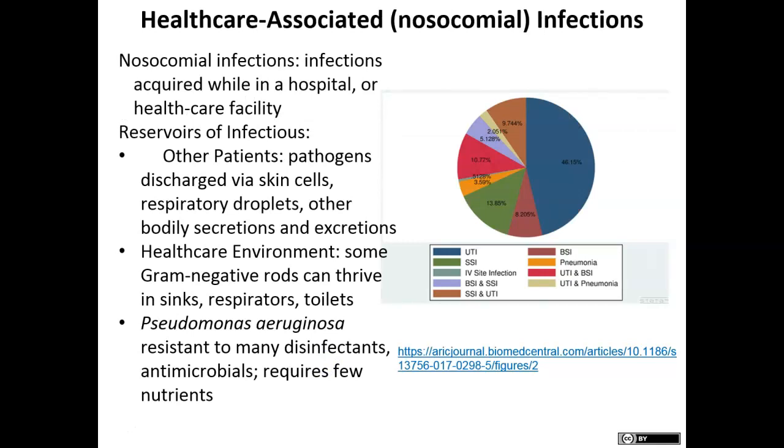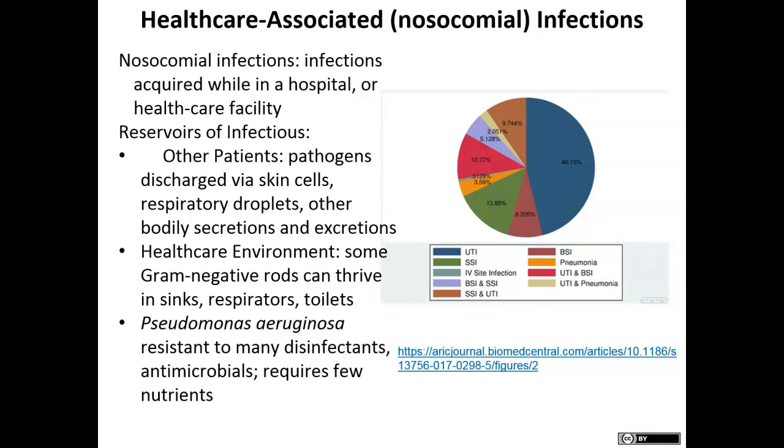We have some diseases that are spread through the healthcare environment. These are known as healthcare associated or nosocomial infections. Nosocomial infections are infections acquired at the hospital, typically, or a healthcare facility.